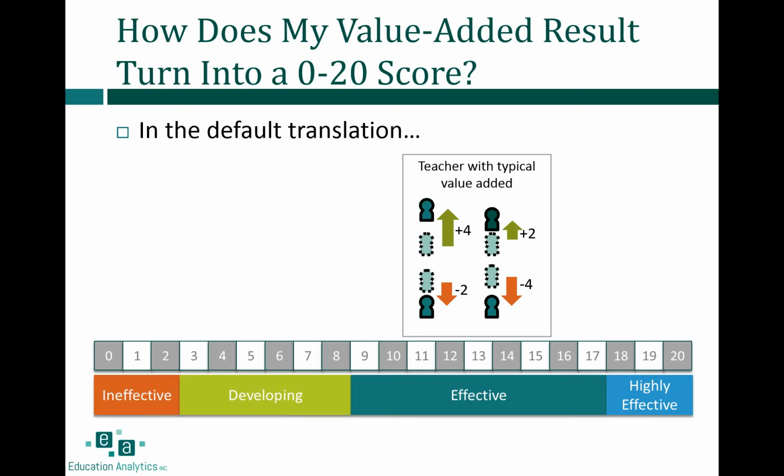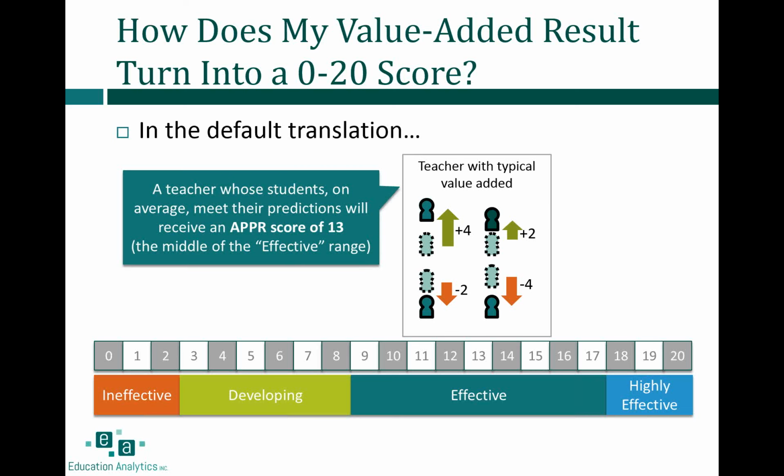And when we average all that out, it turns out that those students exactly met their prediction. In this case, we give that teacher a 13 on the 0 to 20 scale. A teacher whose students on average meet their predictions will receive an APPR score of 13, the middle of the effective range. That's based on the Advisory Council's recommendation on how to do the 0 to 20 translation.